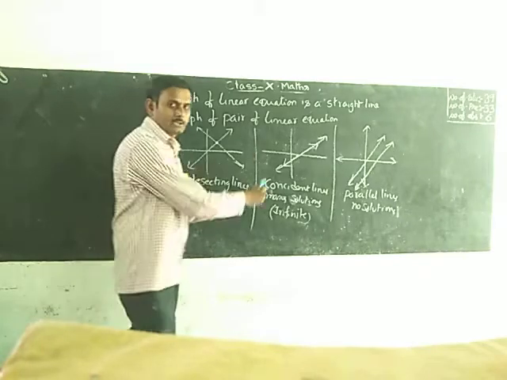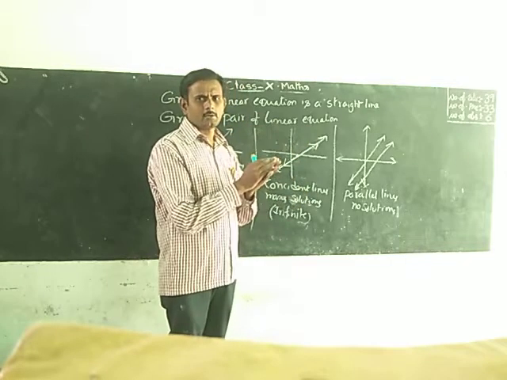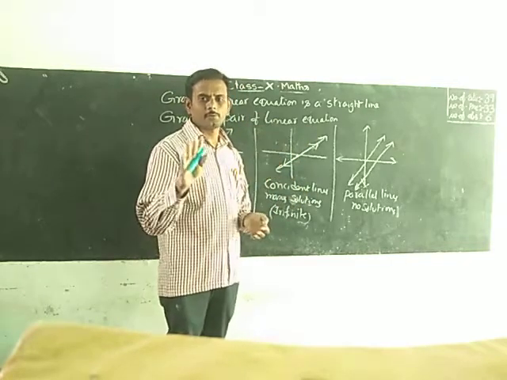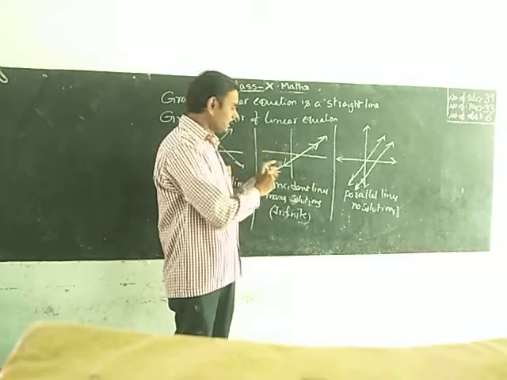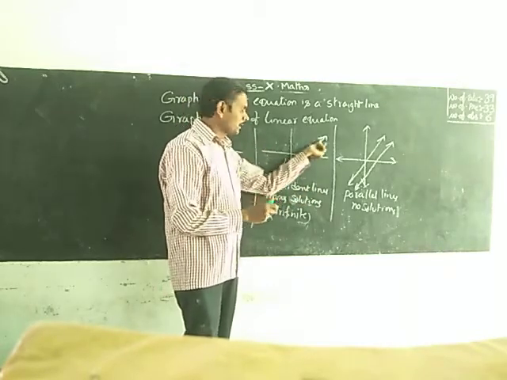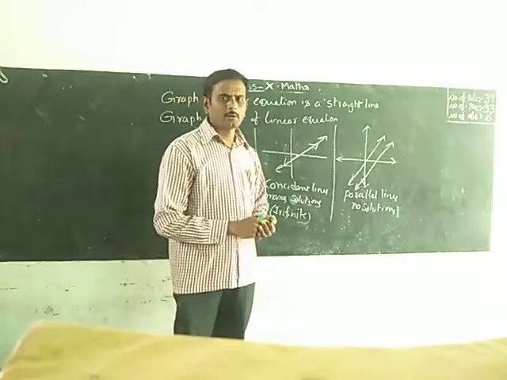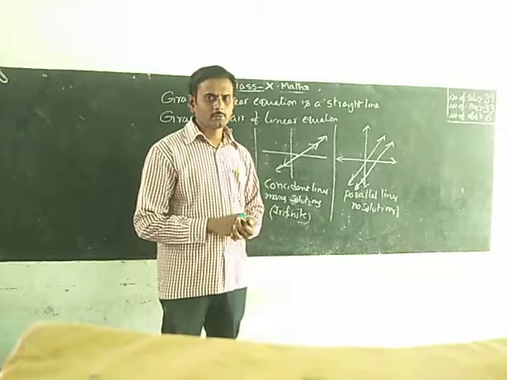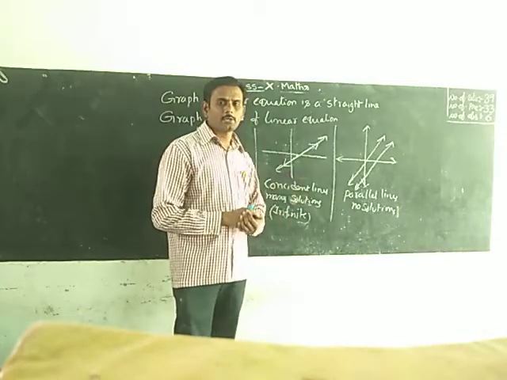Go for the second situation. In this, both overlap each other. How we draw the graph, we can learn later, but we have to understand the concept here. If both lines lie on the same line, they are called coincident lines. How many solutions are possible on coincident lines?